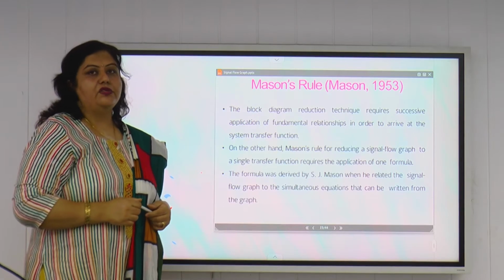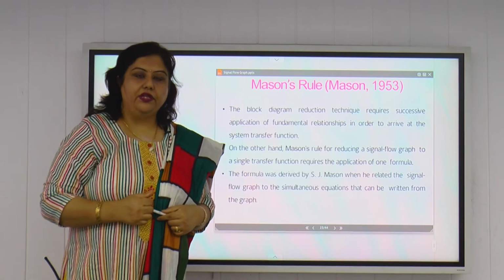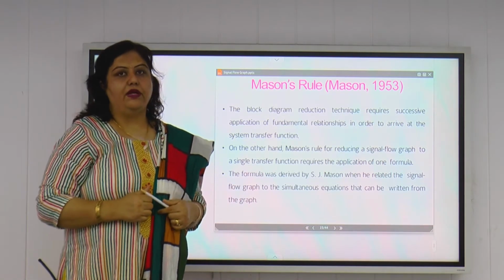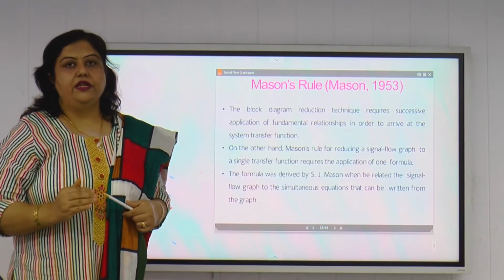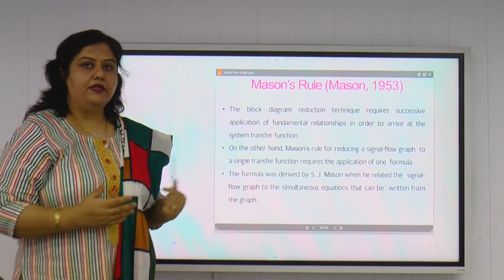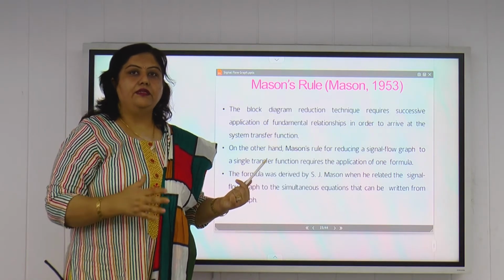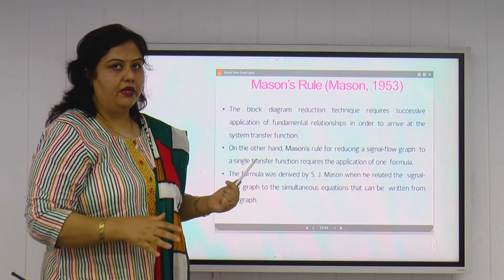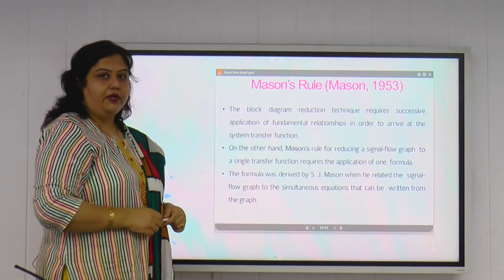There are two methods to find the transfer function of a complex control system: one is the block diagram reduction technique, another is Mason's gain formula applied on the signal flow graph. But block diagram reduction is very tedious and time consuming, and Mason's gain formula is far easier by comparison.